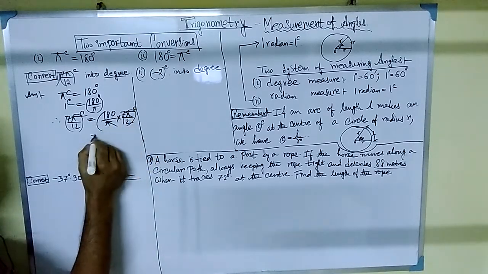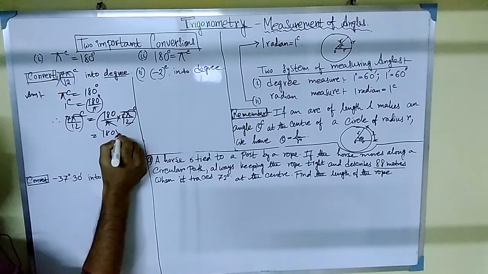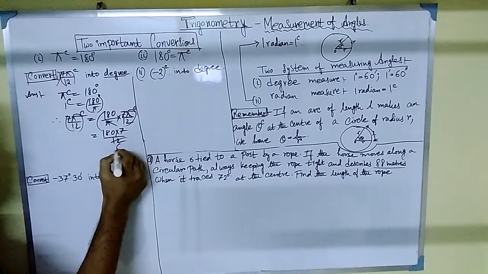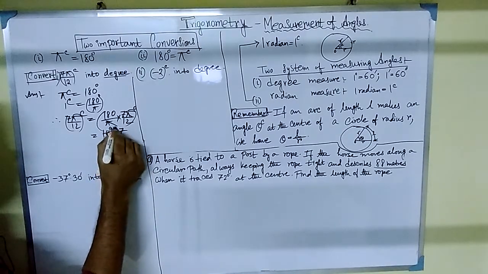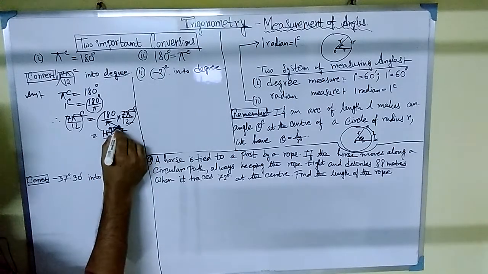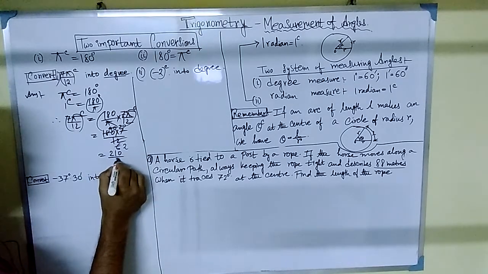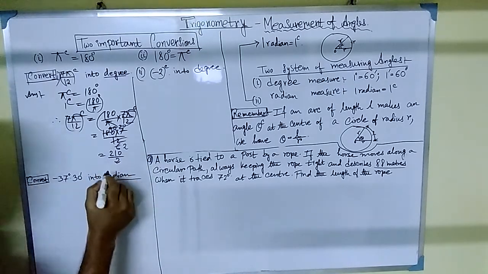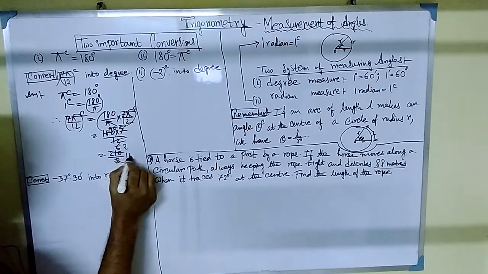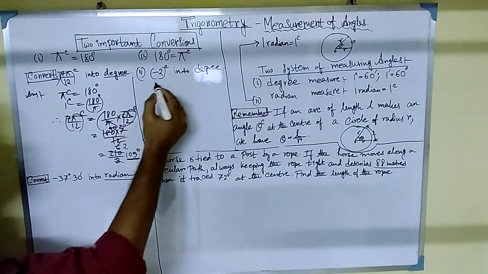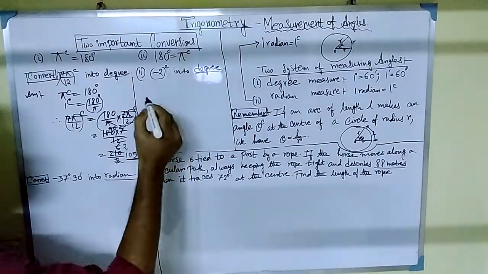Pi getting cancelled, so we are getting 180 degree into 7 by 12. 210 by 2. So this will come 105 degree. This is the answer.